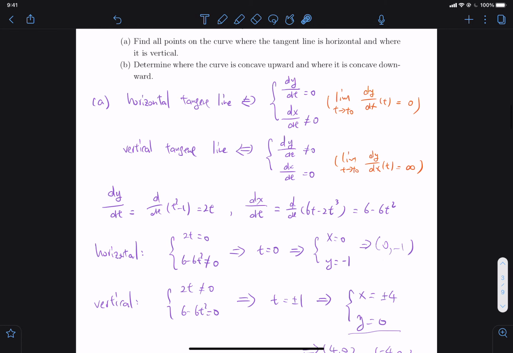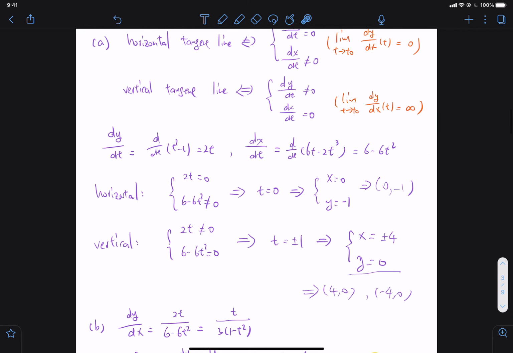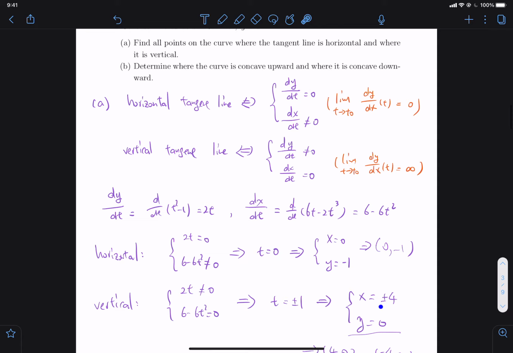And for the vertical tangent line, it's the other way around. We must have 2t not equal to 0, and this is 0, which implies that if we solve that, t is equal to positive or negative 1, and it implies that x is equal to positive or negative 4 and y is equal to 0.